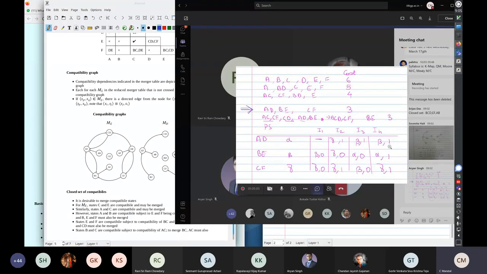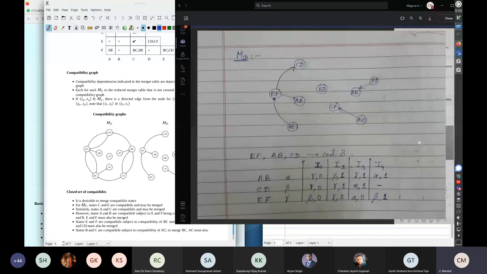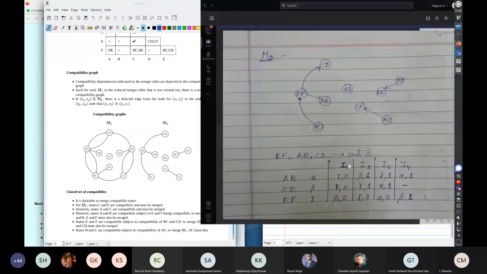Oh, okay. That's interesting because she has taken AB, CD, and EF. So what you can see is that many closed sets of compatibles are possible at a cost of 3. Okay. At a cost of 3.